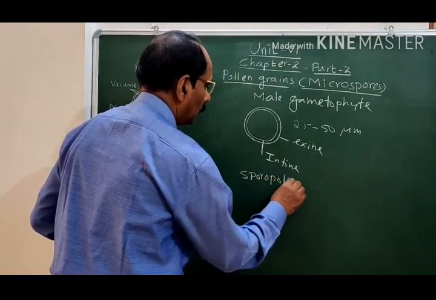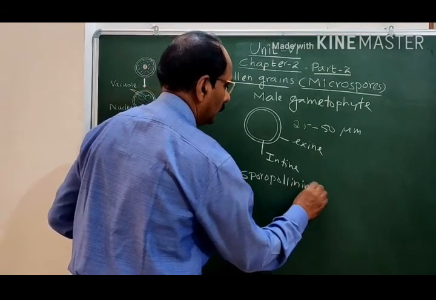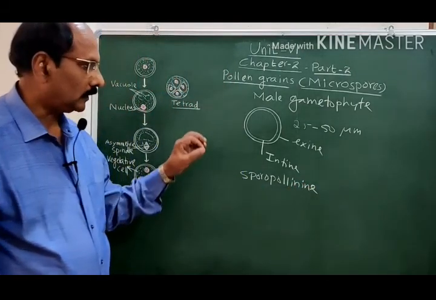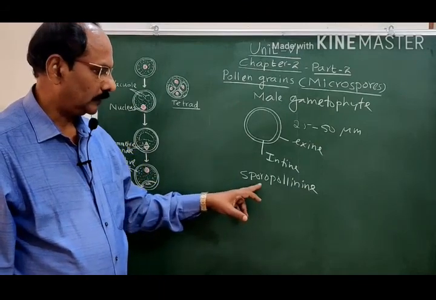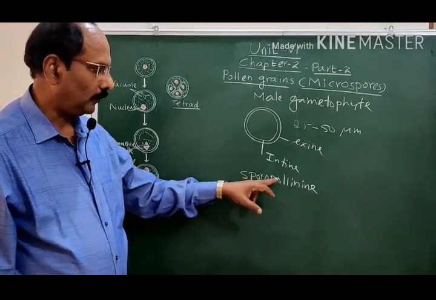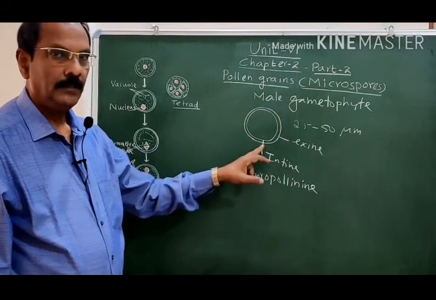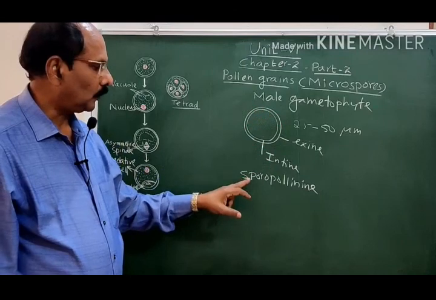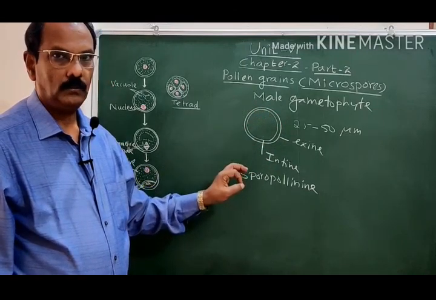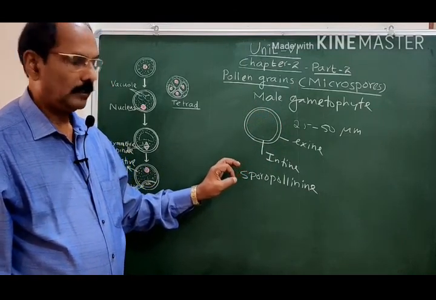This sporopollenin is produced by the 4th layer of the microsporangium, that is the tapetum. The tapetum produces the sporopollenin, and the sporopollenin forms a thick layer outside the pollen grains. That thick layer is known as the exine. This sporopollenin is very resistant to high temperature. Low temperature, no problem.